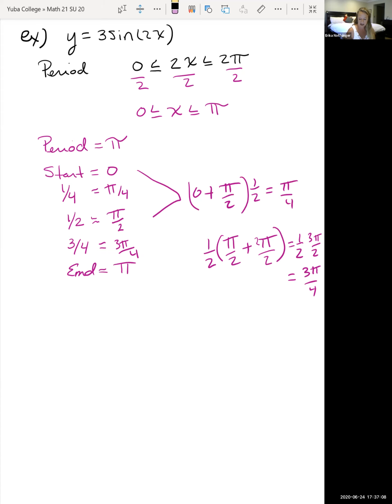So we got our period, we got it broken up so that we can plot this. Our amplitude, that's the absolute value of A. Well, the absolute value of 3 is 3. So I know a max is going to hit at 3 and a min is going to hit at -3.